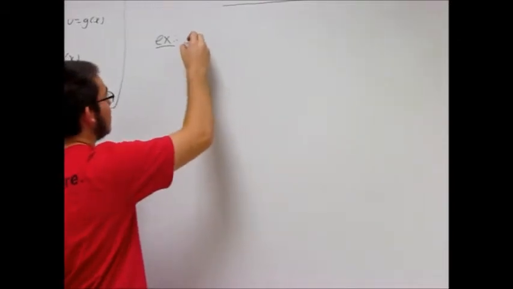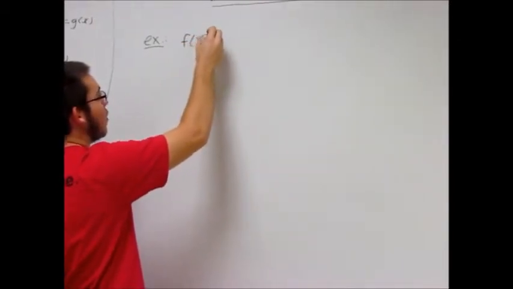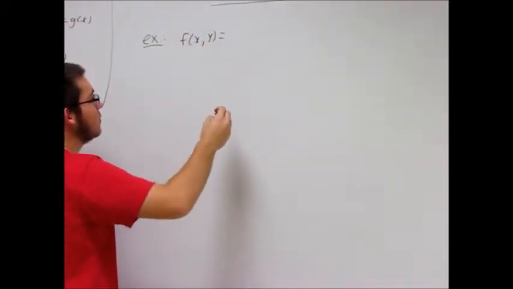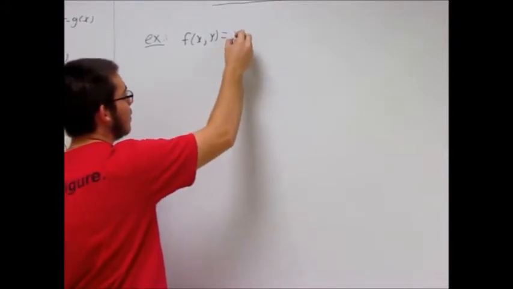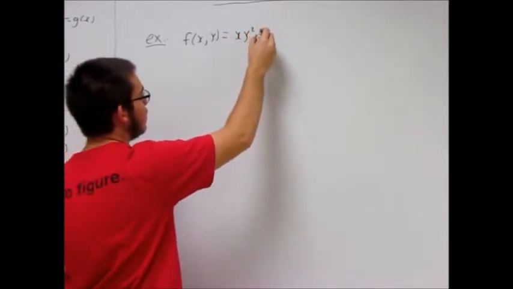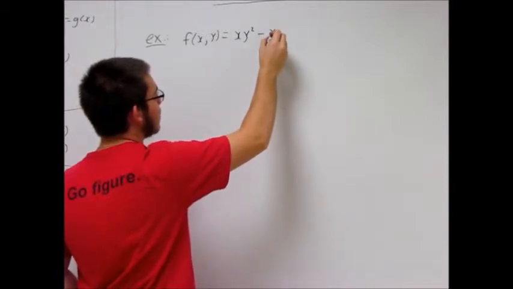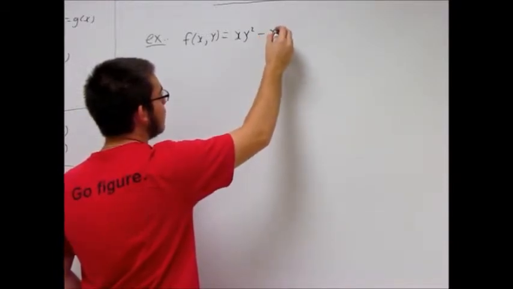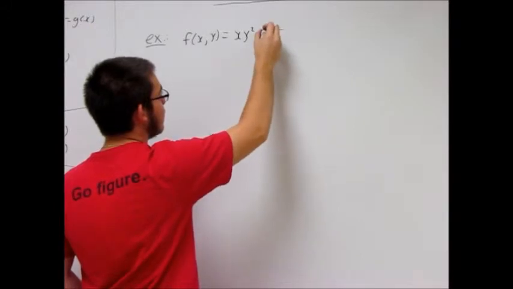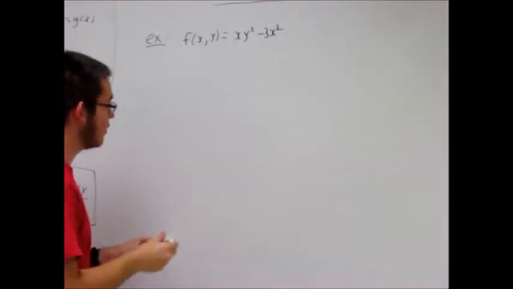So let's say f of x comma y is x times y squared minus 3x squared, for example.